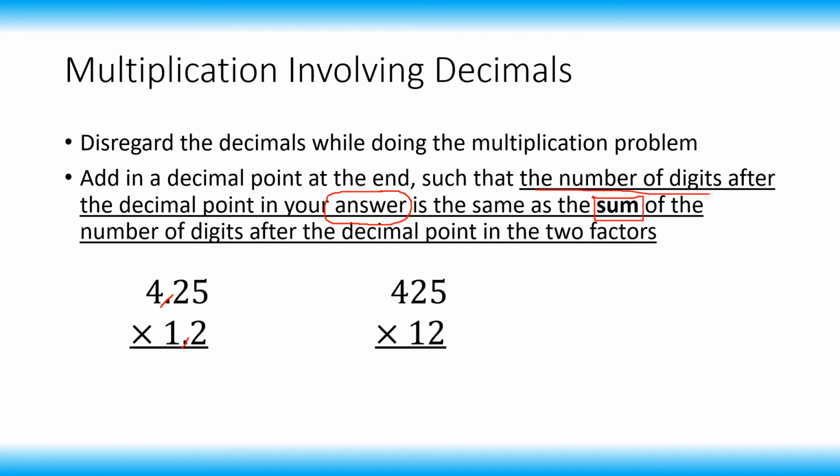Here it's the same numbers, it's still 4, 2, 5, and we're still multiplying it by a 1 and a 2 down there, but I've gotten rid of the decimal points. Those decimal points no longer exist, and now we're going to work through the problem as though it was just 425 times 12 instead of 4.25 times 1.2.